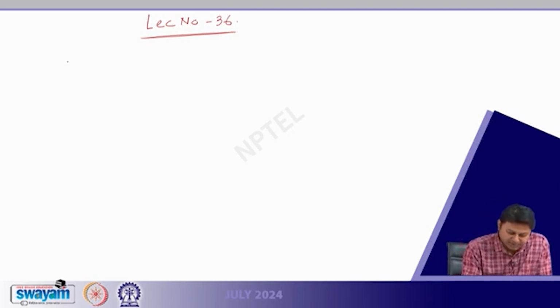Let me draw once again what the double slit problem was. In the double slit problem we had these two slits, and this is the opaque region.